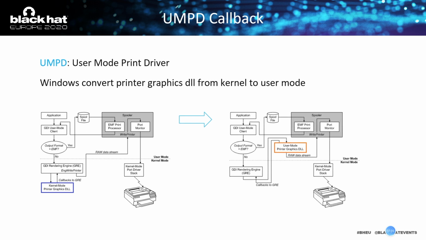The printer drivers would run in user mode instead of running as part of the kernel. This change was made as a security enhancement, and the security benefit is quite clear. Once the printer driver is moved into user mode, the bugs in the printer driver have a much reduced security impact.